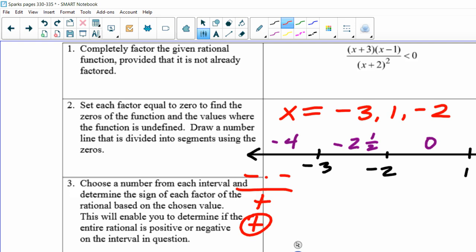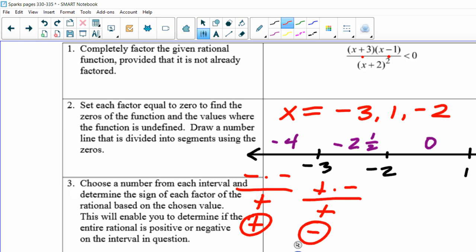-2.5. Positive times negative over positive. That's negative. 0.